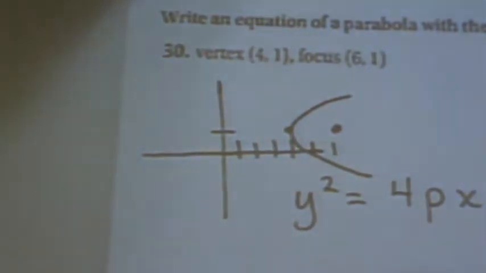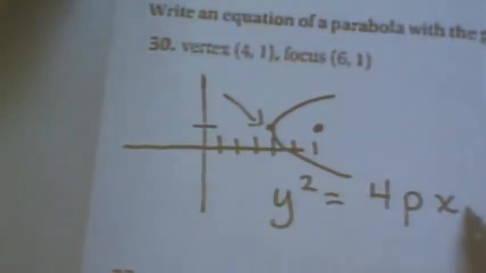Do you agree? Yeah. It's on its side. So what formula or what recipe do I start with? Is it the x squared or the y squared? Y squared equals positive 4px. Start there.